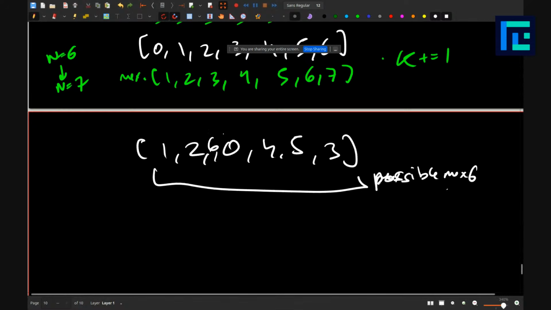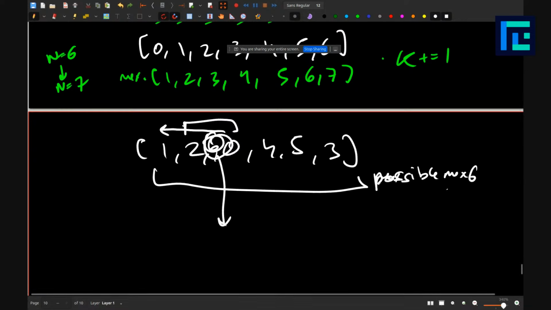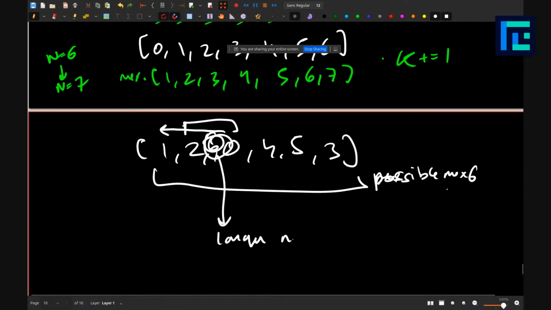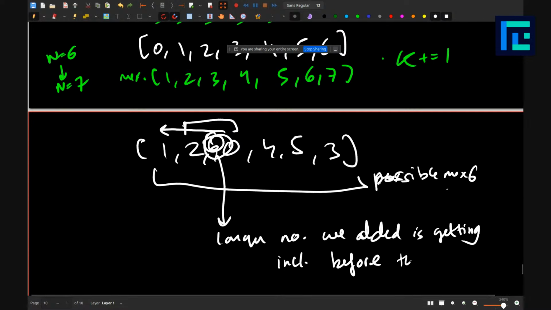Basically, all the MEX from this point onward, for example the MEX which includes 6, is going to include 2 also, and it's going to be missing a 1. So the larger number we added is getting included before the smaller number is getting included. This is the rough intuition for why this is happening.